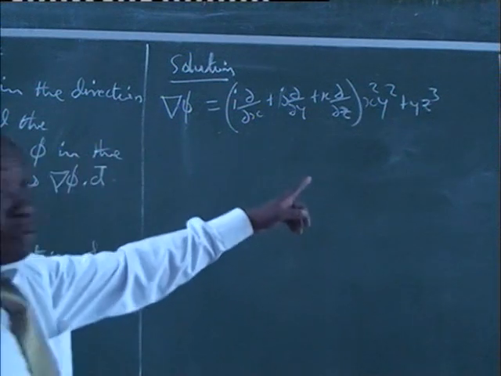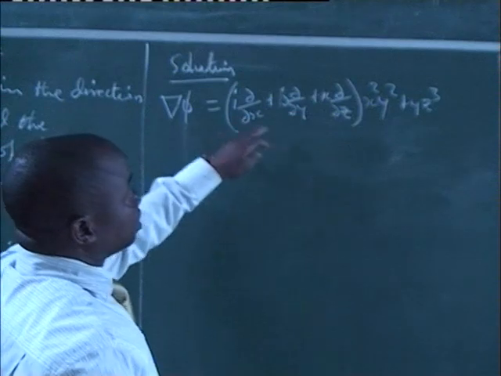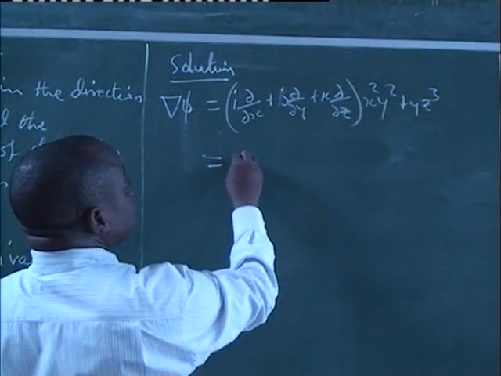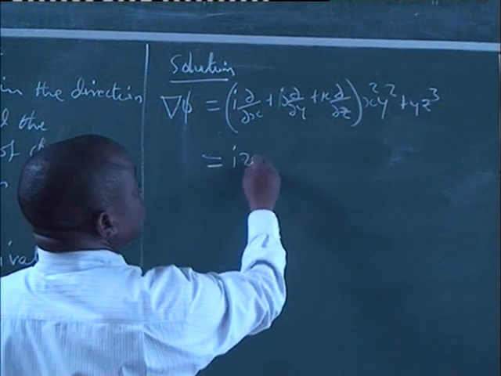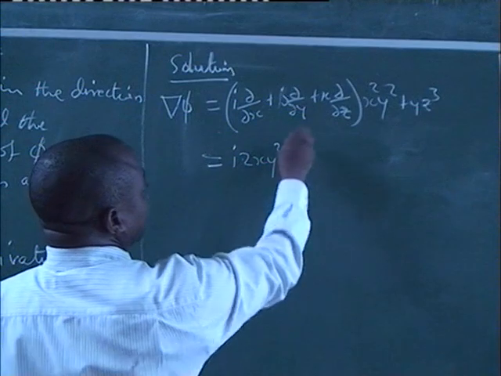That's our phi as given. Now, if we differentiate this with respect to x, because that is what it means, we have i 2x y squared plus j.